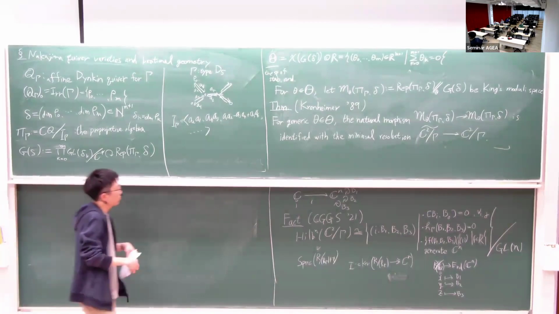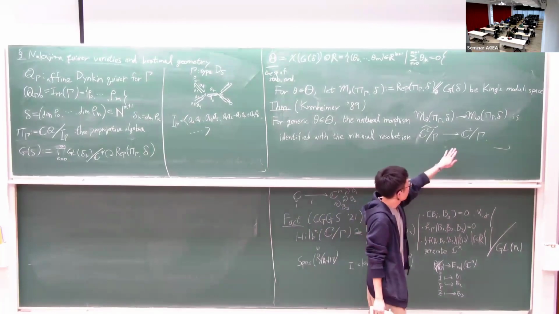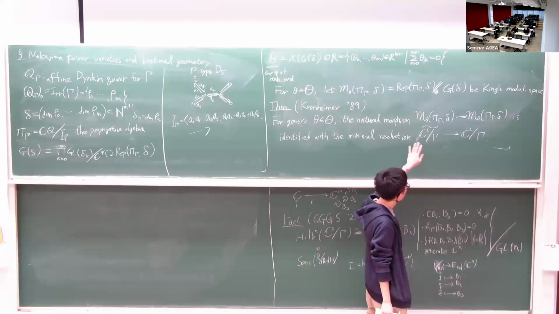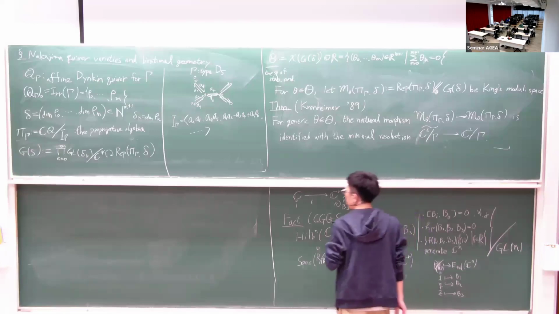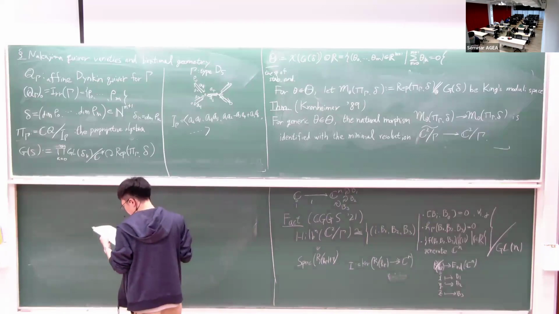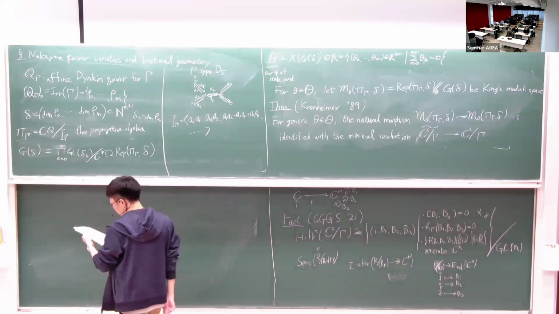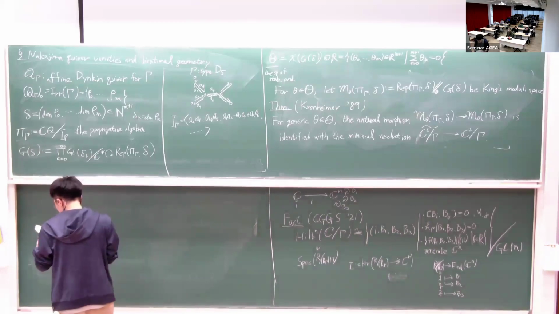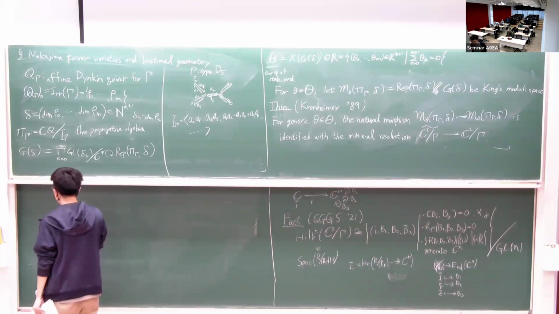And in fact, we can also construct the Hilbert scheme of points on this singular variety and also the Hilbert scheme of points on this minimal resolution as Nakajima quiver varieties. And before giving the construction, let me explain the birational geometric viewpoint.